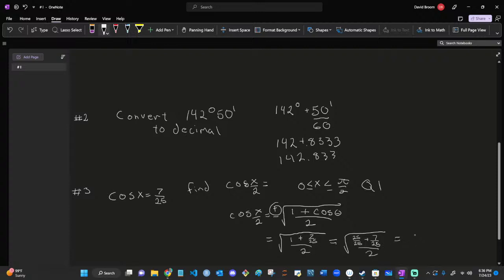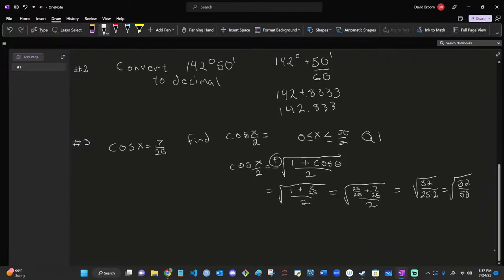So we end up with the square root of 32 over 25 times 2, which equals 32 over 50. Alright, I'll work one more. Since this is just a test, I hope it all worked out. I don't know, it might not even be working.